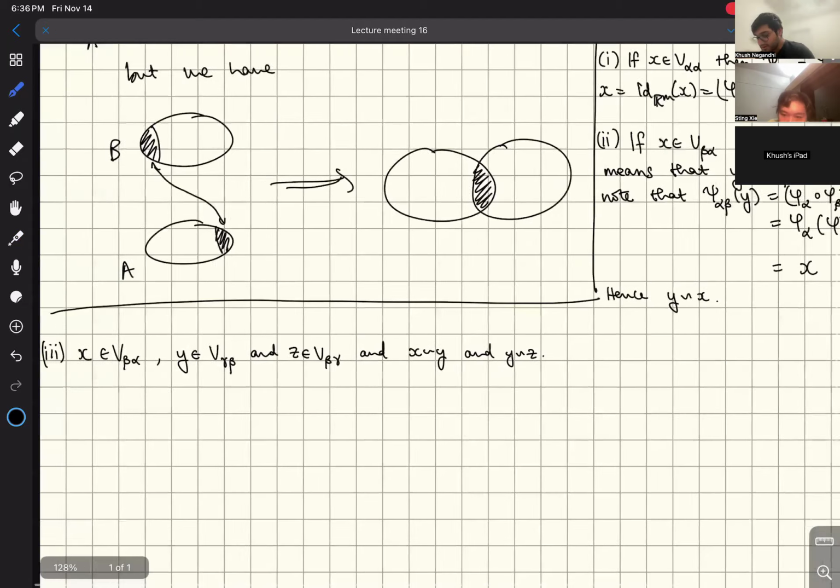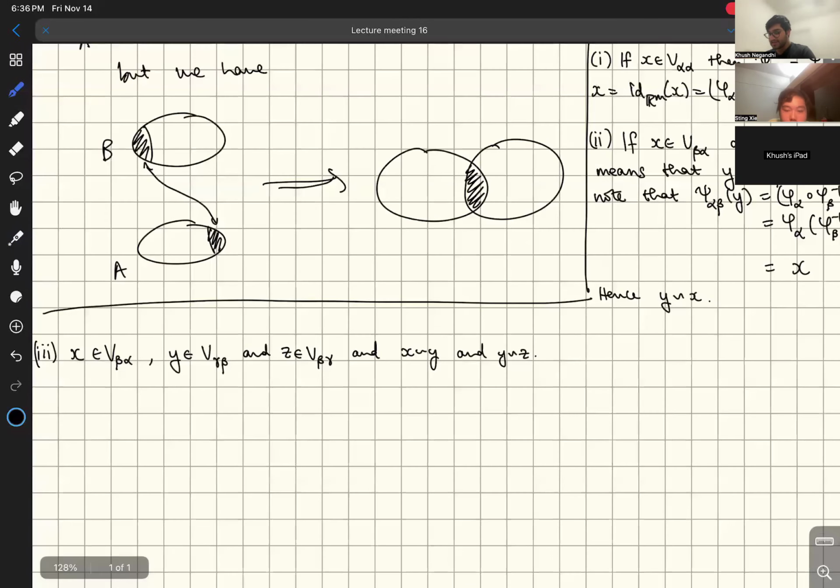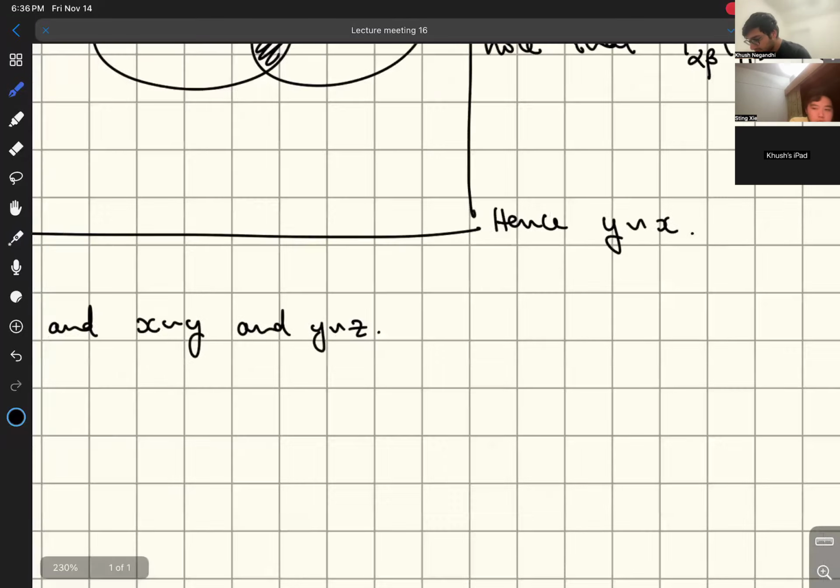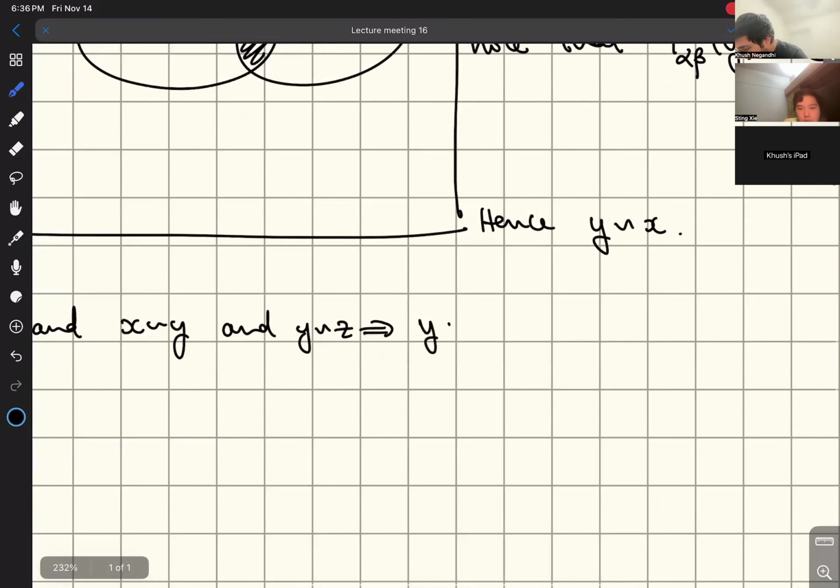One thing we have to note is if x and y are equivalent, that means y has to be in the image of this. Y has to be in here.